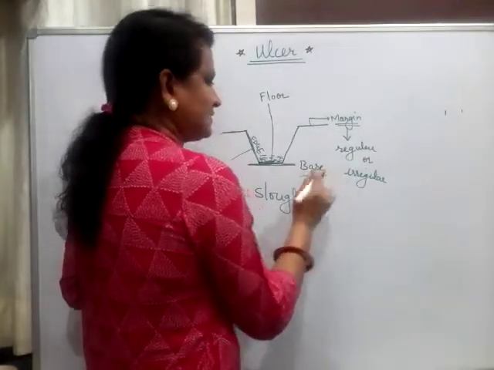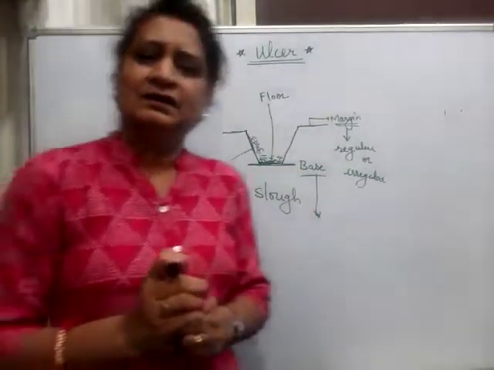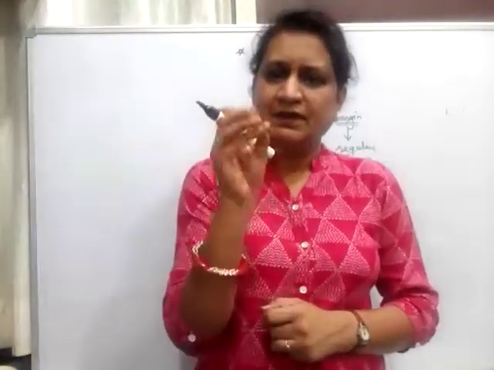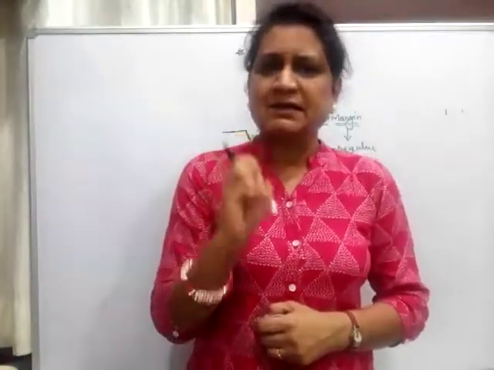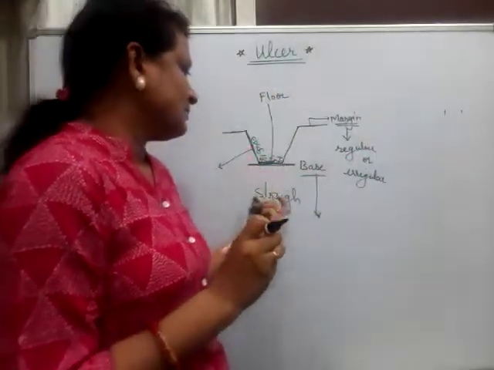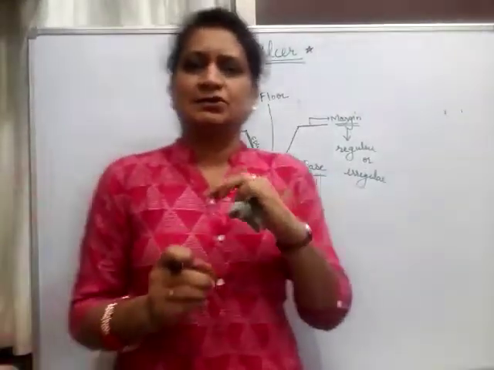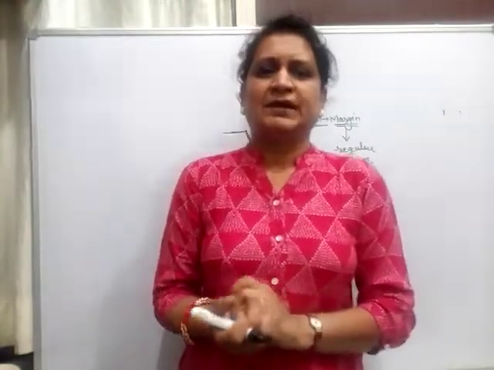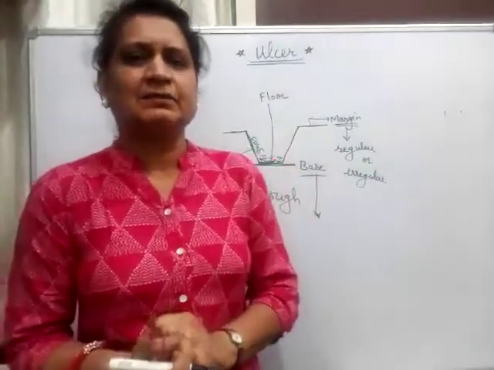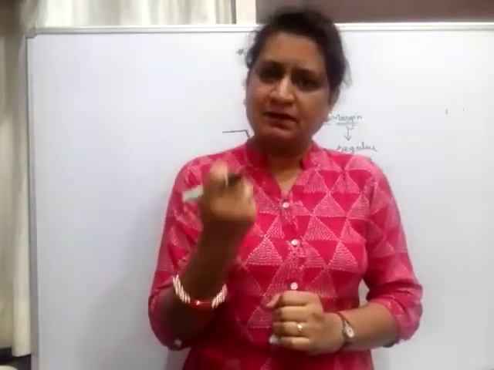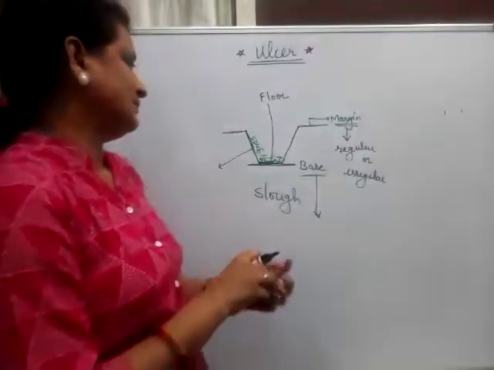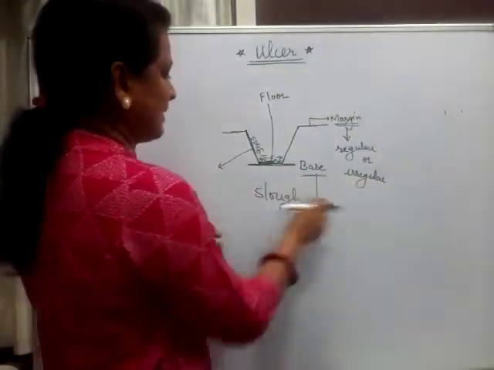Base of an ulcer is the part which we can palpate, which we can feel. So when you palpate the base, you come to know whether the ulcer is attached to the deeper tissues or not. For example, in case of ulcer of tibia, it gets attached to the deeper tissues beneath. So these are the different parts of an ulcer.